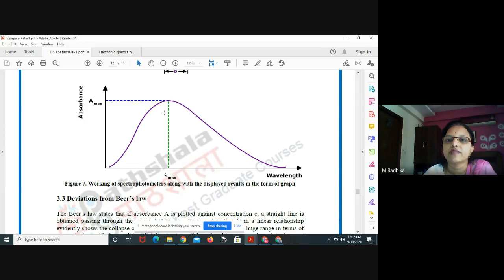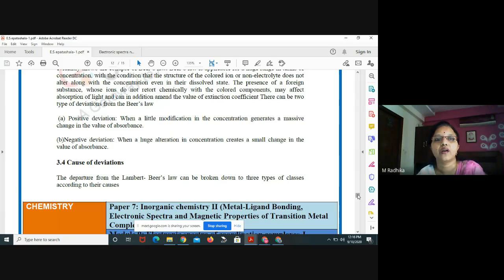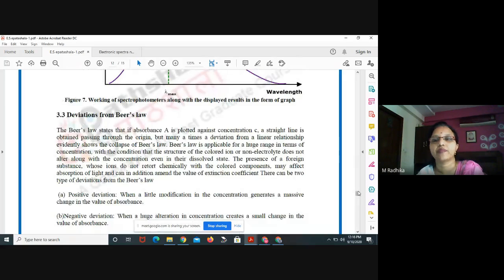So it shows the maximum OD. If I know the absorbance at this wavelength, from that I can easily tell the oxidation number of the metal or the geometry. We can predict all these things from this.